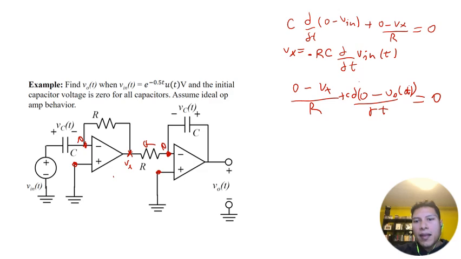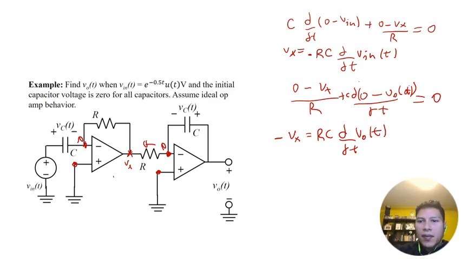Now we can move the Vout to the other side and multiply by R. And so we're going to get that negative Vx equals RC d/dt of Vout of t.